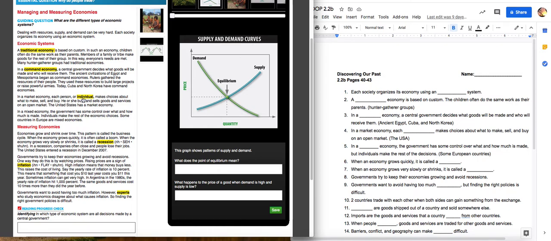Now, guys, I don't want you to think that our government doesn't control anything. Our government has a lot of rules for businesses that we have to follow as far as safety for their workers and things like that. If Americans ever think that a company is raising prices way too high because of situations, the government will step in.